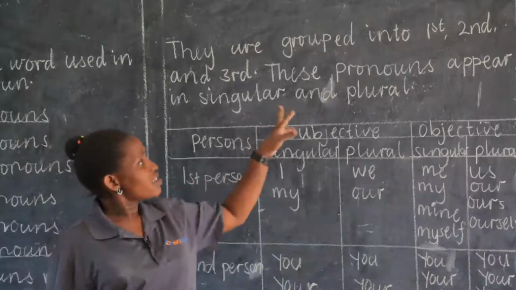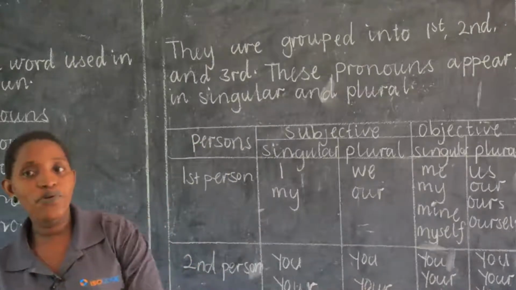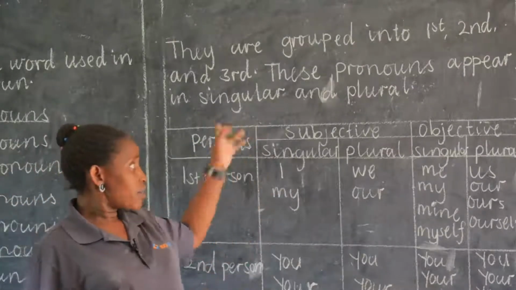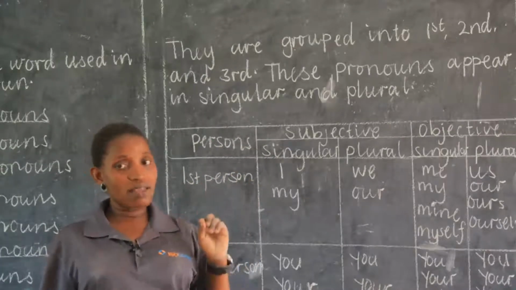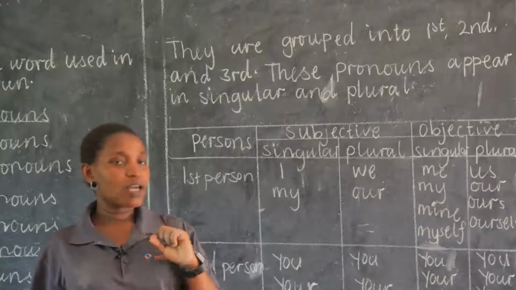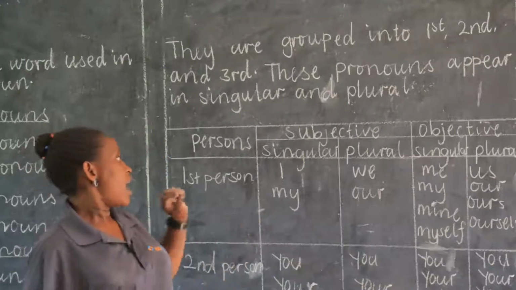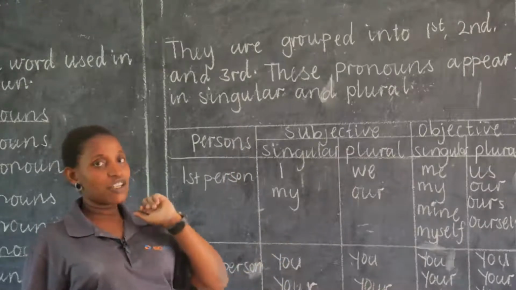Then we say these pronouns appear in singular and plural. All the pronouns we have seen, apart from the relative, all other pronouns have singular and plural. So, I've tried to summarize all the pronouns in a table.